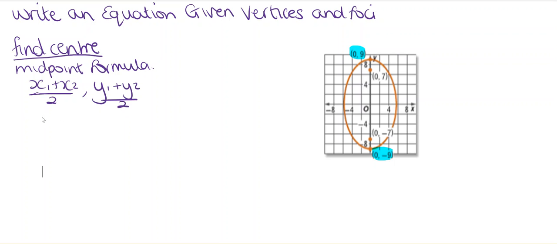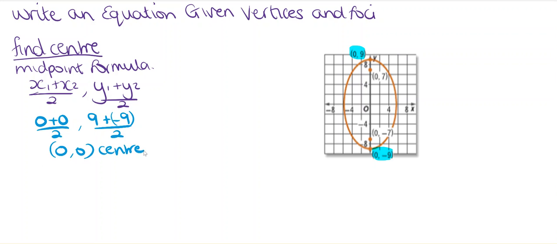So we'll have 0 plus 0 divided by 2, and then 9 plus -9 divided by 2. So 9 minus 9 divided by 2 is going to be 0. So our centre is going to be here at 0, 0.